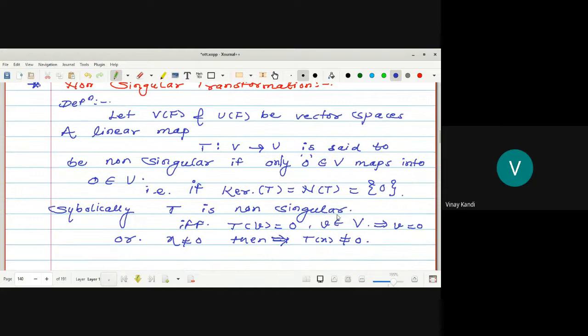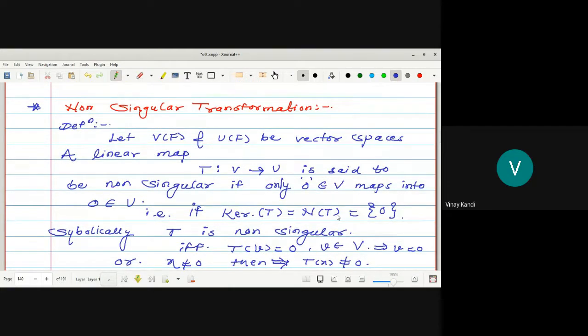So this is the definition of non-singular transformation. If T is a linear transformation from V to U, it is said to be non-singular if only the 0 vector maps to 0. That means you apply T on the 0 element of V, then it becomes 0. That is, the kernel of T is equal to the singleton {0}. What is the kernel of T? The kernel of T, that is the null space of T, we have seen that.